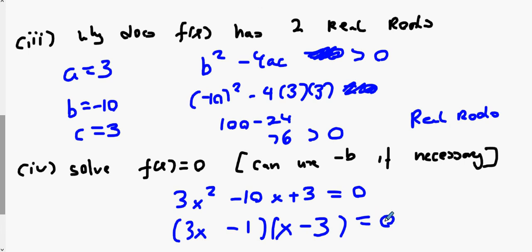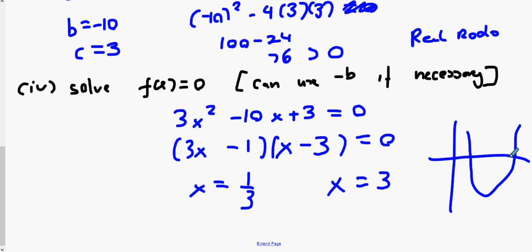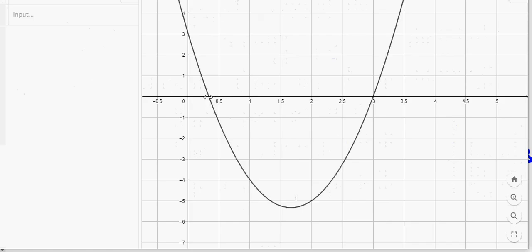And you get your two roots where it crosses the axis. Where does it cross the axis? At x equals 3. And the other answer would be x equals a third. So when you draw this graph, it crosses at 3 and 1/3. Exactly how you need it.